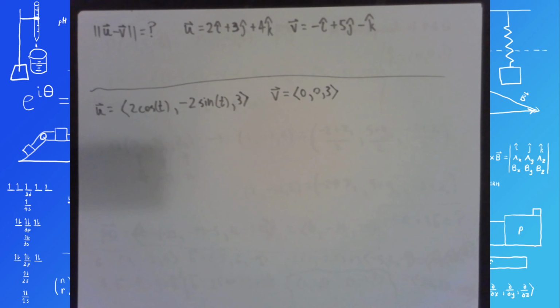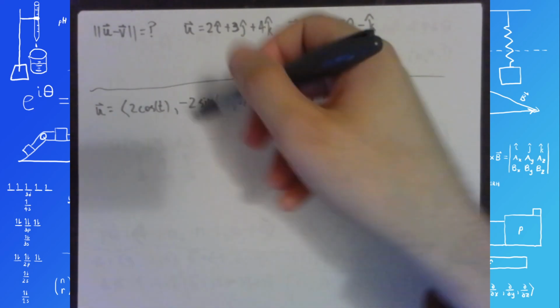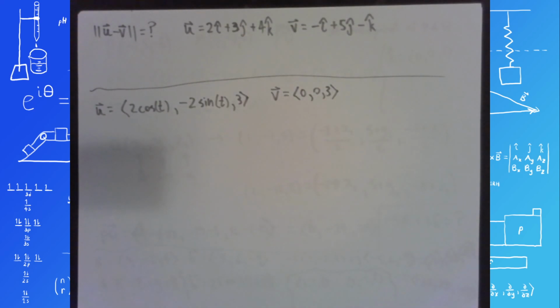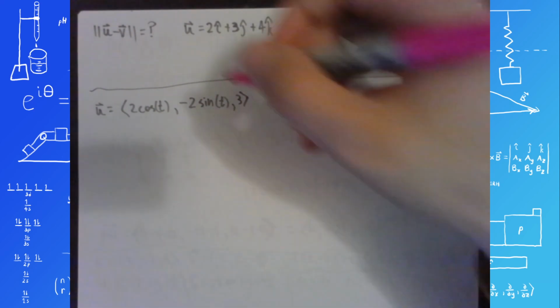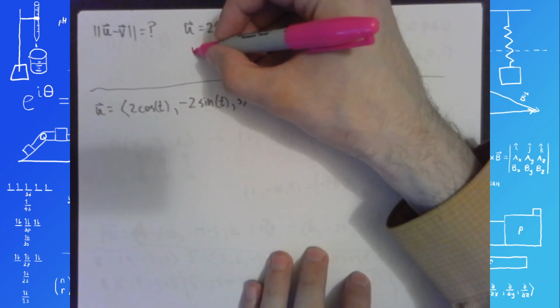And they say where t is a real number, which is something I would have naturally assumed anyway, but it's good that they mention it, just for good measure. Anyway, let's find u minus v first for each of these. So for the first one, I actually want to rewrite u and v in component form like this because that's what I'm comfortable with.